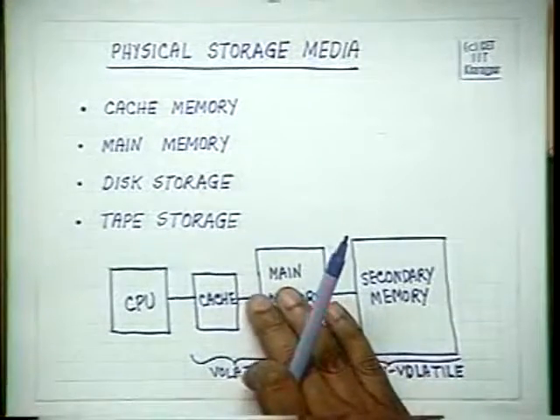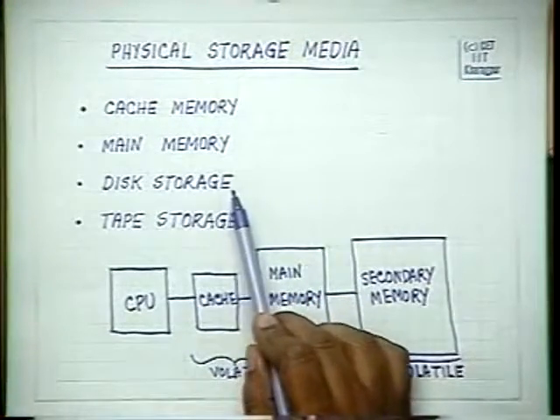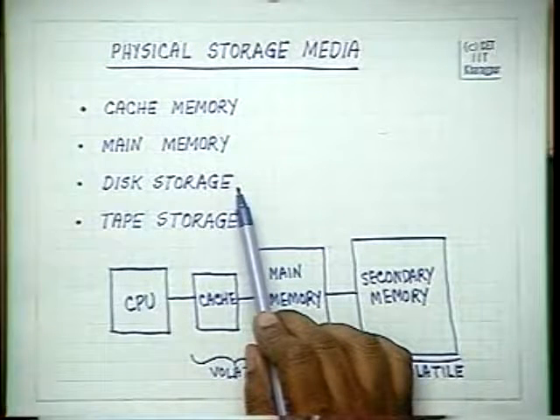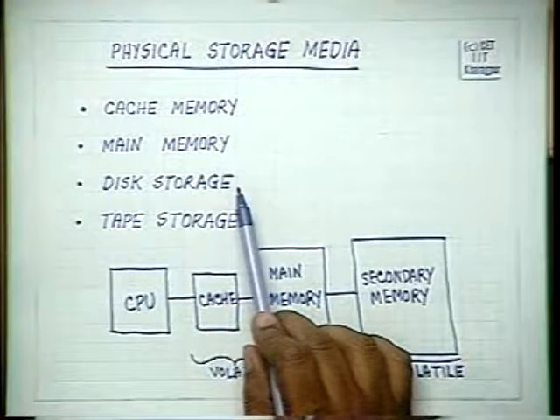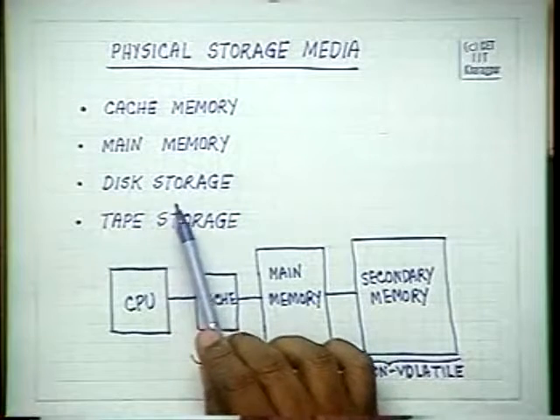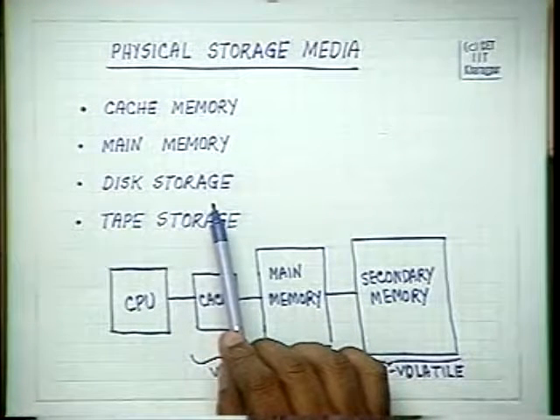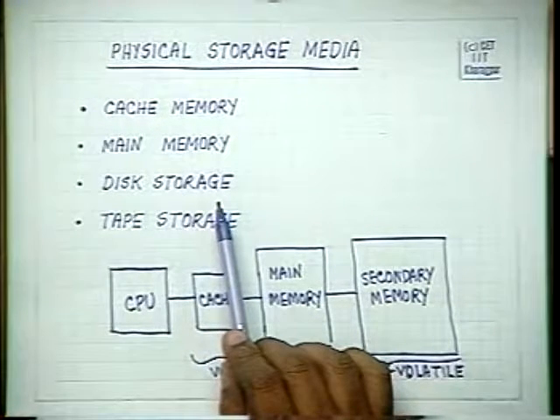Among the two secondary storage devices, that is the tape and the disk, nowadays technology is such that we have large disk capacity, that is, disks which are now capable of storing large amounts of data.